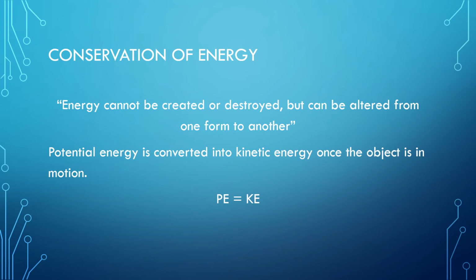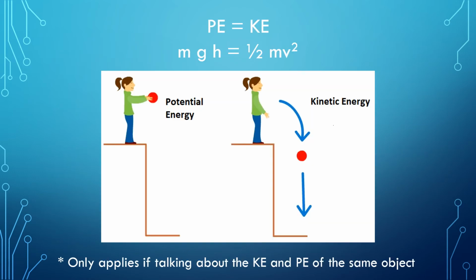So due to the conservation of energy, we can actually set potential energy, PE, equal to kinetic energy. What I have here is the equation for potential energy, mgh, set equal to the equation for kinetic energy, which is 1/2 mv squared.